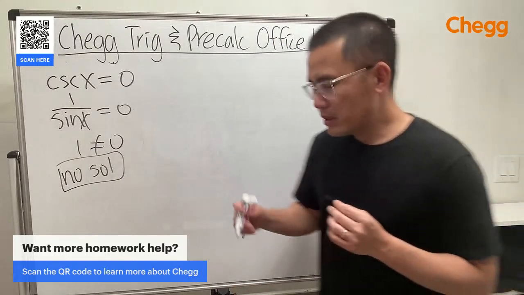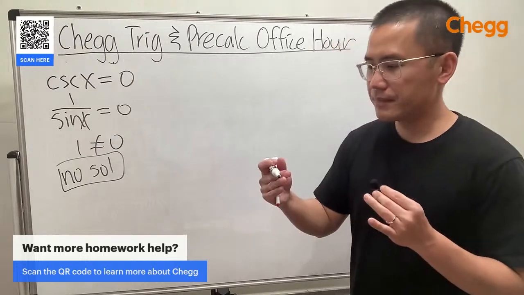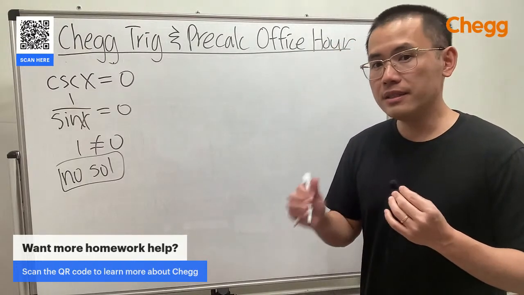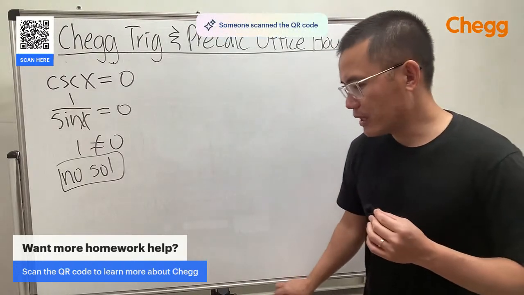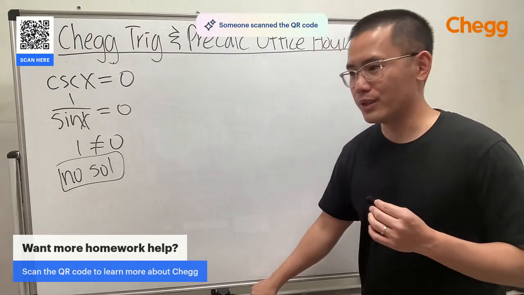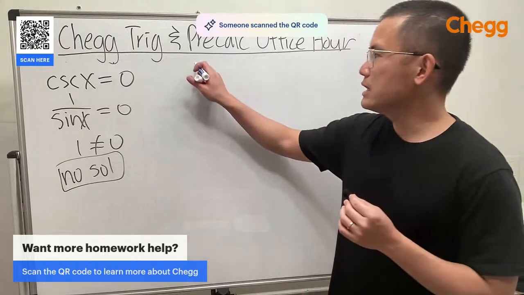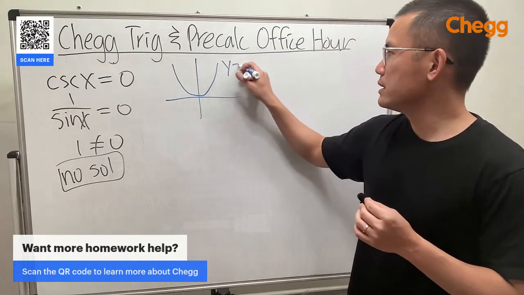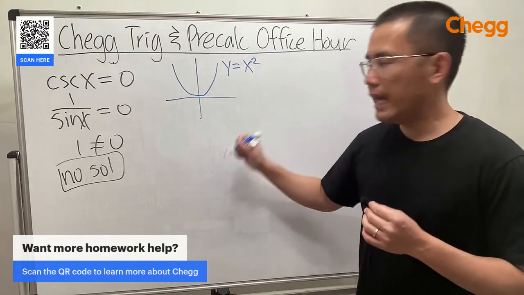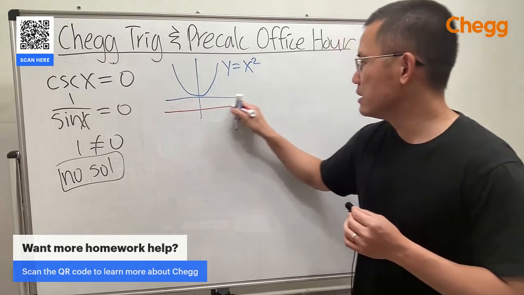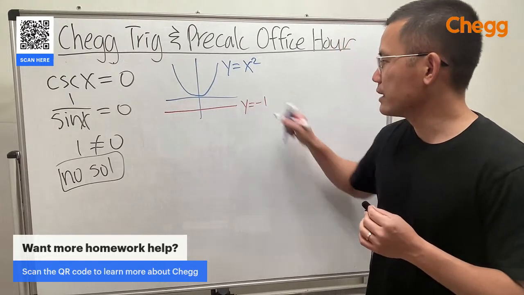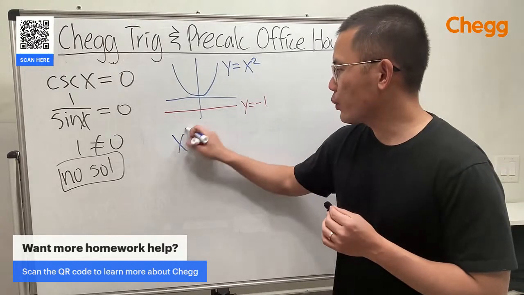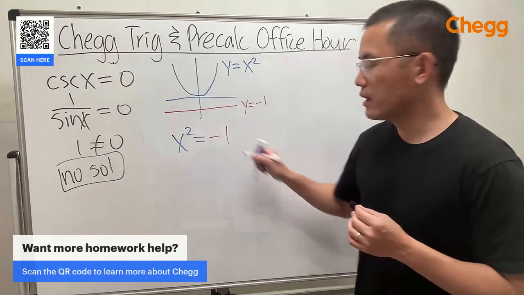But remember earlier I gave you guys the graph argument. It's tricky though. Sometimes if you want to get really mathematical or technical, you have to be careful. Because if you look at the graph for x squared, which just looks like this, this is y is equal to x squared. And if you look at this right here, y is equal to -1. Can x squared be equal to -1?